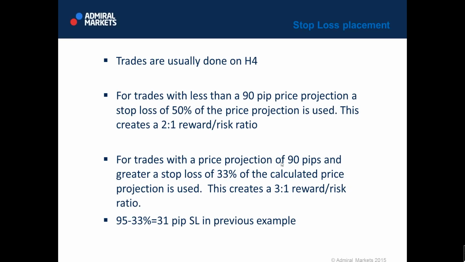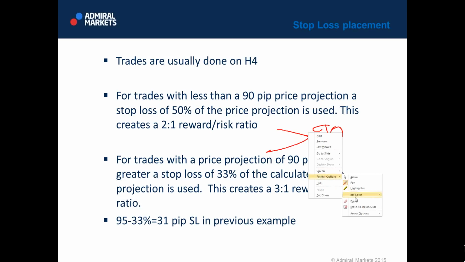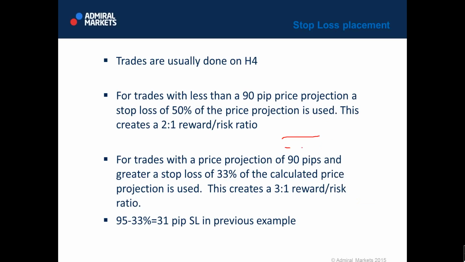For trades with a price projection of 90 pips or greater, a stop loss of 33% of the calculated price projection is used. Sorry, this is how it should be: equal to or less than 90 pips, you use 50% of the price projection.